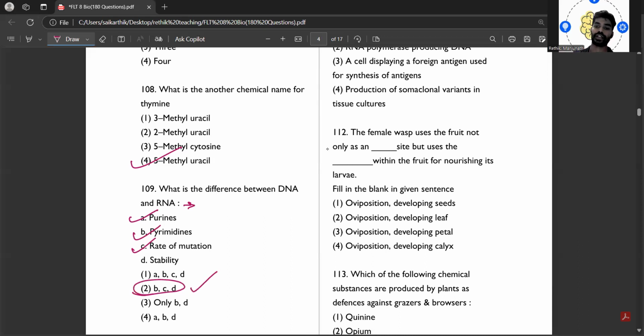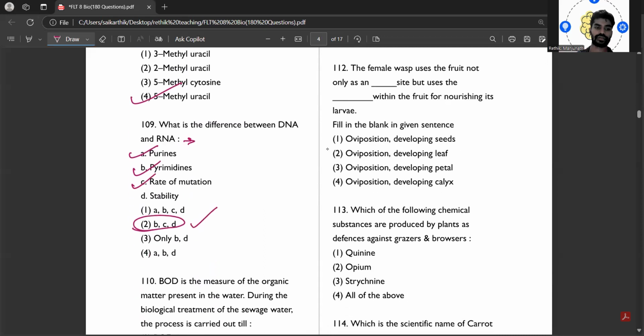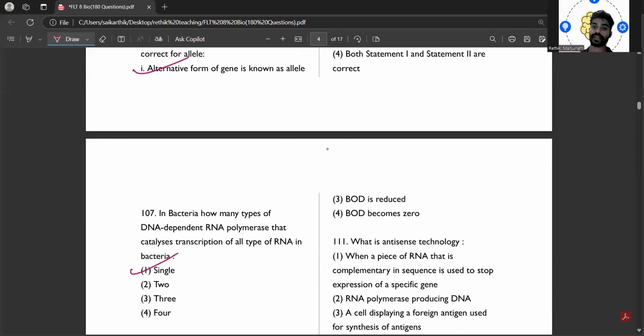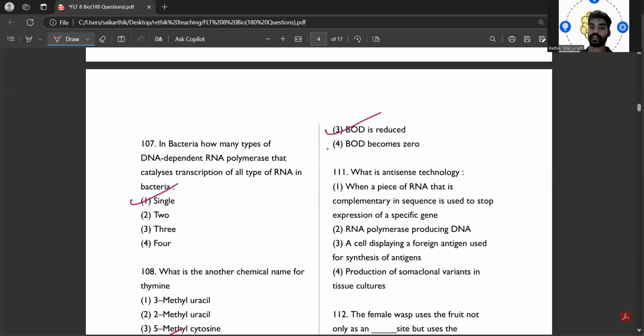So what about 110 now? BOD is the measure of the organic matter present in the water during the biological treatment of sewage water. See, BOD is referred to as what? The third is the correct answer because it refers to the oxygen that would be consumed if all the organic matter in 1 liter of water were oxidized by bacteria.